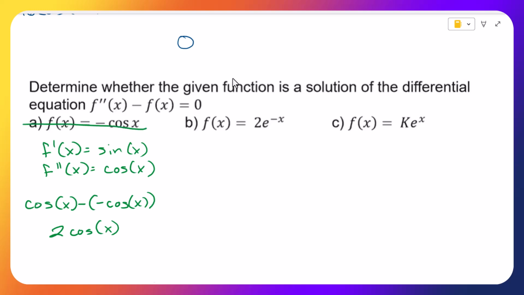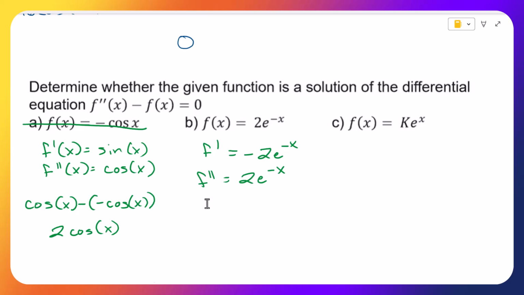Okay, moving on to part B, the derivative of 2e to the negative x. Well, f prime equals negative 2e to the negative x, and f double prime equals 2e to the negative x, because all that's happening is we're using the chain rule, so it's times the derivative of negative x, which is negative 1.